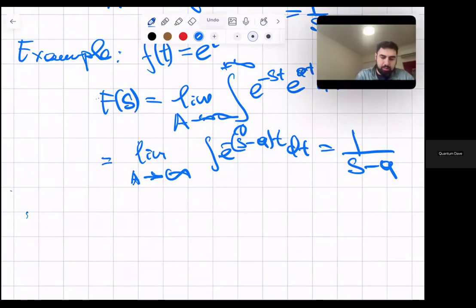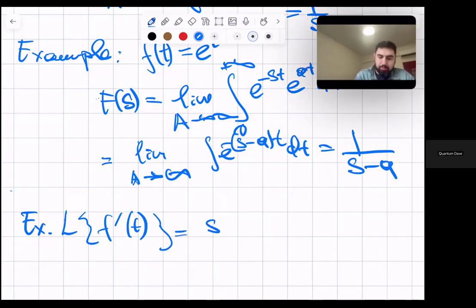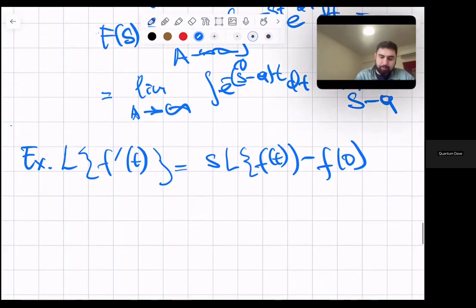So the first one will be: let us show that if we are given a differential equation, the Laplace transform of the first derivative is given by s times L of f(t) minus f(0).